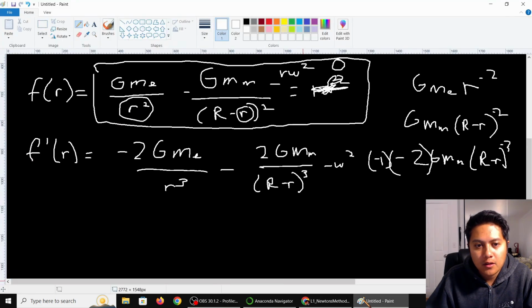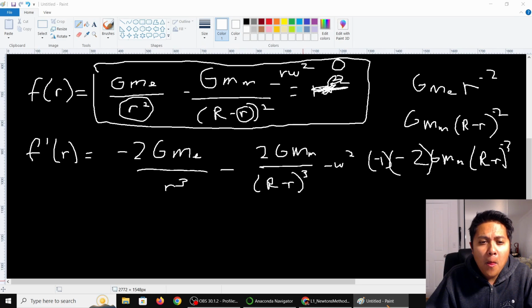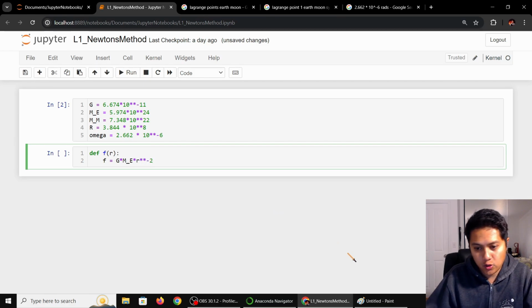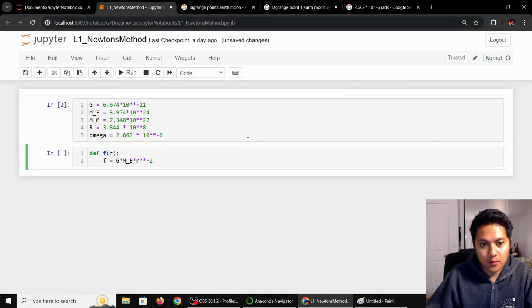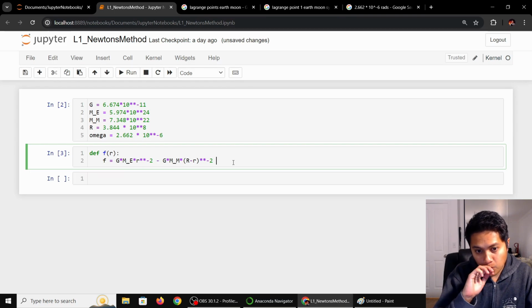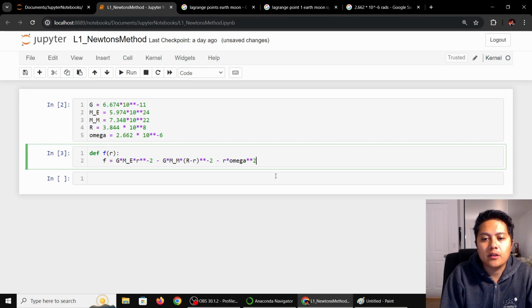It's going to be, let's see, f is equal to G times M_e times little r raised to the minus 2, and then minus G times M_moon times big R minus r to the minus 2. And then we have, I believe, just minus r omega squared. Yes. Minus r times omega squared.